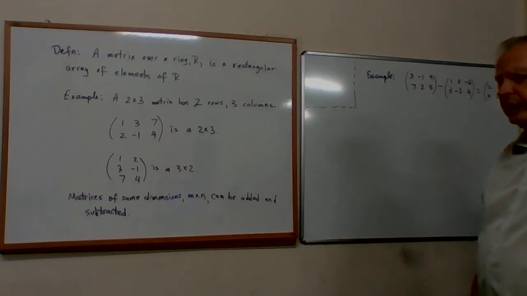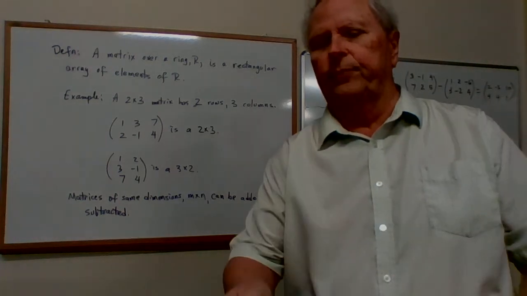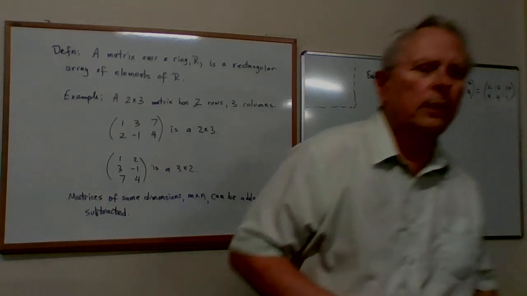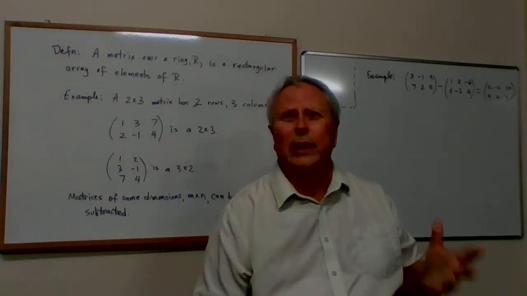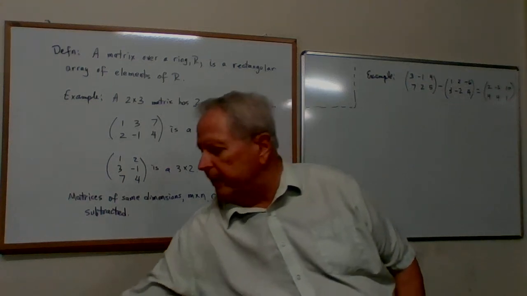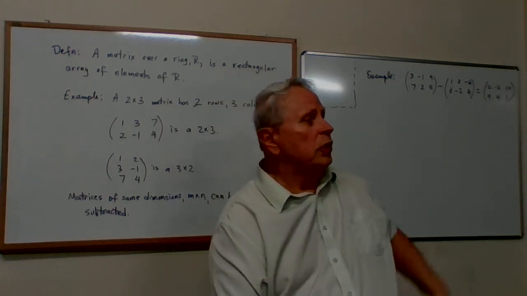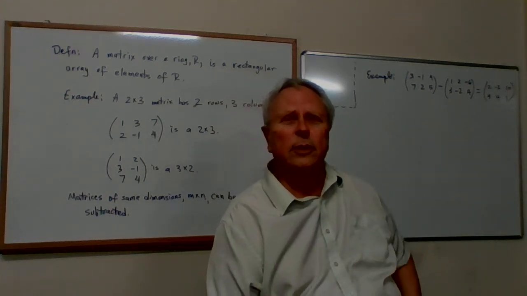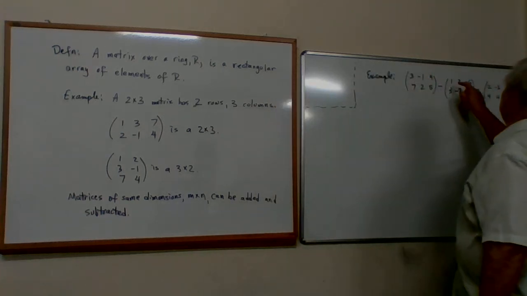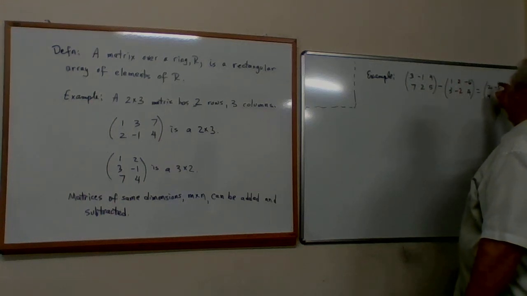Well, how about multiplication? Let's talk about multiplication a little bit. And by the way, I'll get there. Some things, by the way, just have to wait. Do you know what I mean? Can I multiply these things? Is it conceptually possible to do the same thing with multiplication that I just did with addition? Could I take 3 times 1 is 3, negative 1 times 2 is negative 2?